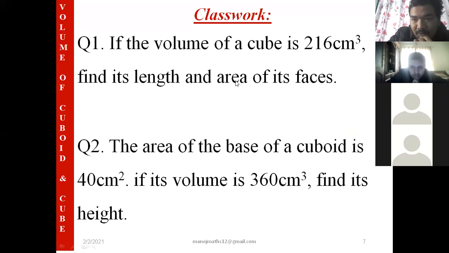I am telling again, look here. You just tell me, what is the formula of volume? Volume equals L cubed, sir. L will come 6 centimeters. After that, what do we have to do? After finding the value of L, we have to write the area of its faces.